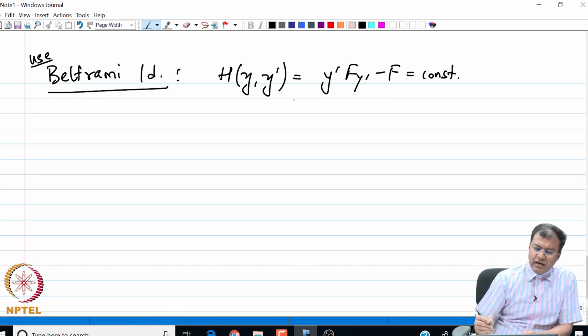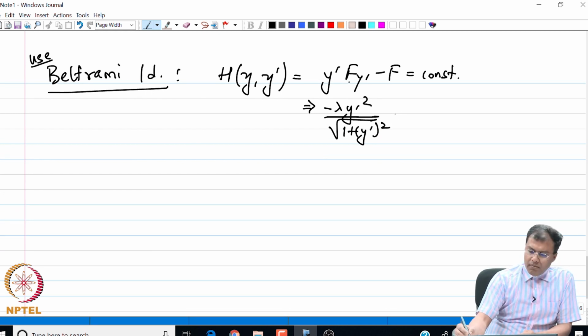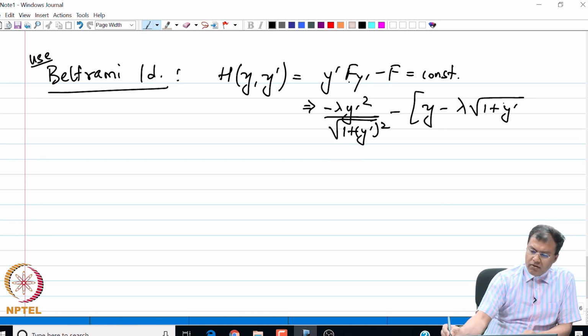That is my Beltrami identity, and after plugging in this function capital F, we get the following expression: minus lambda y prime square divided by square root of 1 plus y prime square, minus y minus lambda square root of 1 plus y prime square. So, this is equal to C1.